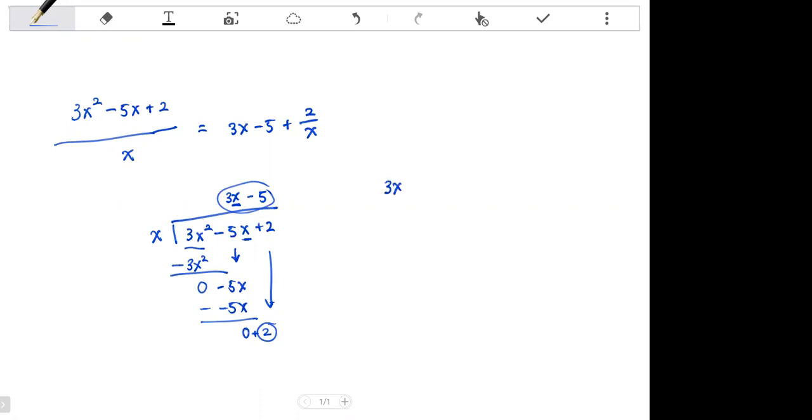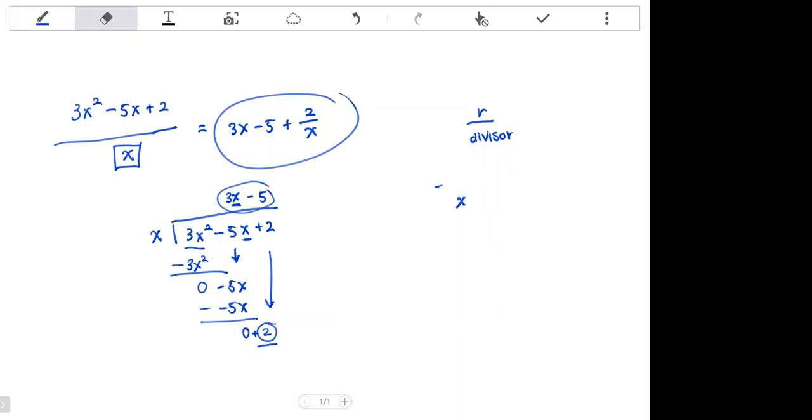We write our answer first, and our end portion is the remainder over the divisor. Our divisor is what we divide by, which is x in this case. Our remainder is 2, so 2 over the divisor, which is x. So we get this answer. Does that make sense to everyone? Yes. Okay, nice. Let's move on to the next question.